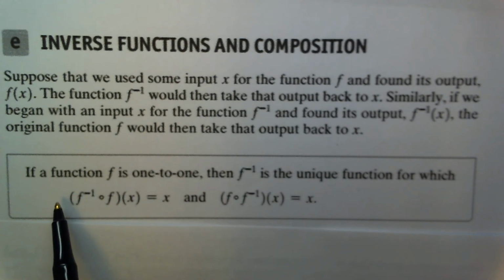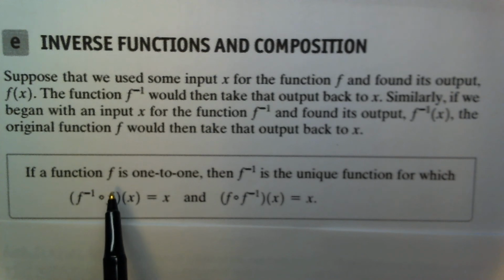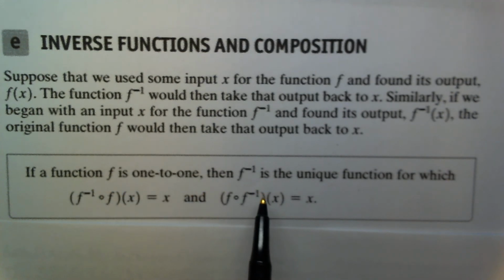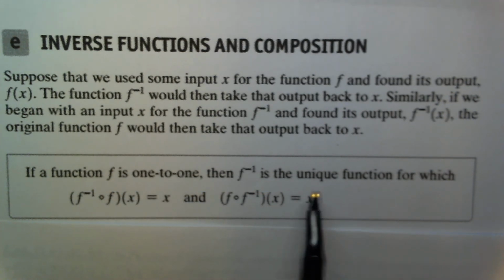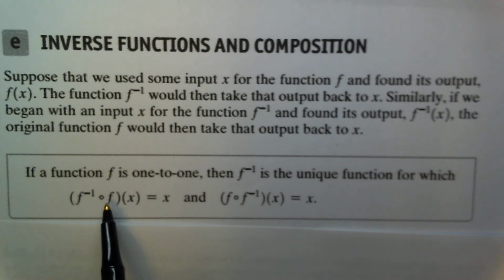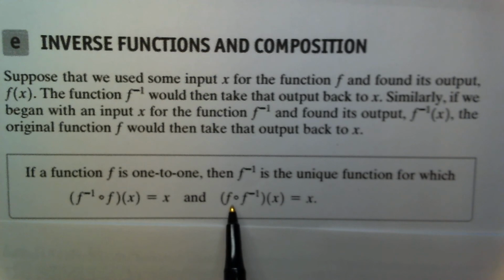So here's the summary of that. If a function f is one-to-one, then f inverse is a unique function for which the composition of f inverse and f of x equals x, and the composition of f and f inverse of x equals x also.